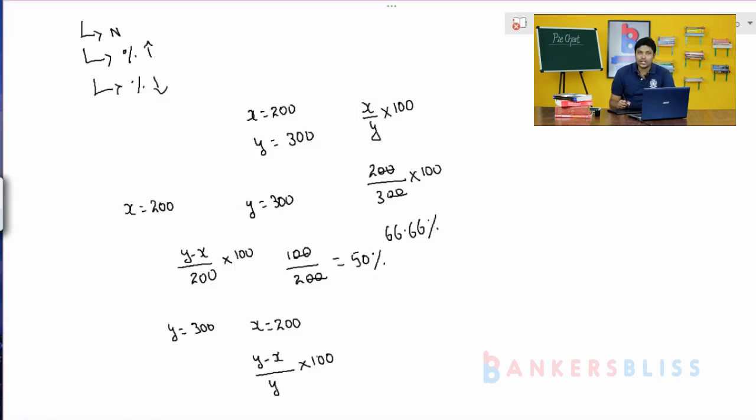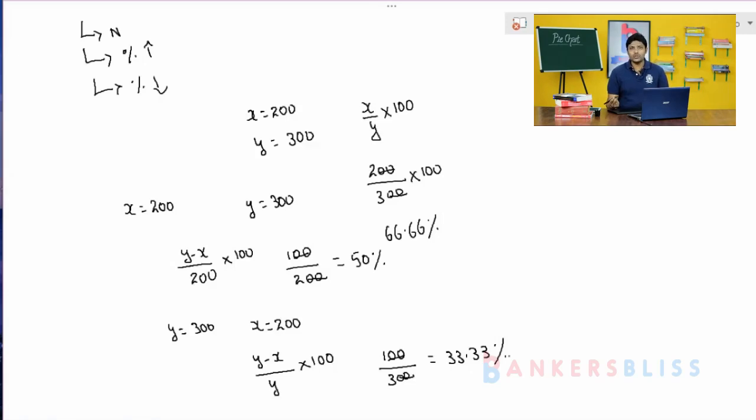With respect to y, that is 100 by 300, which is equal to 1 by 3. The value of 1 by 3 is 33.33. So x is less than y by 33.33%. Very simple, normal percentage calculation. You know how to solve percentage increase and percentage decrease, as I have already shown you.